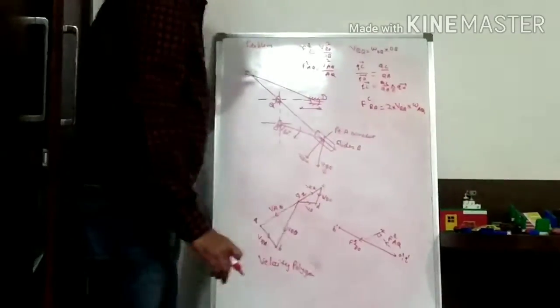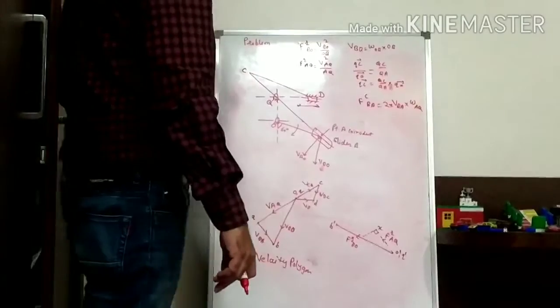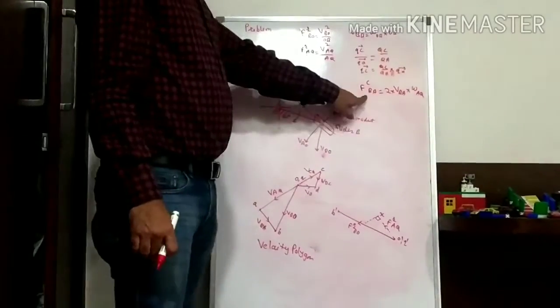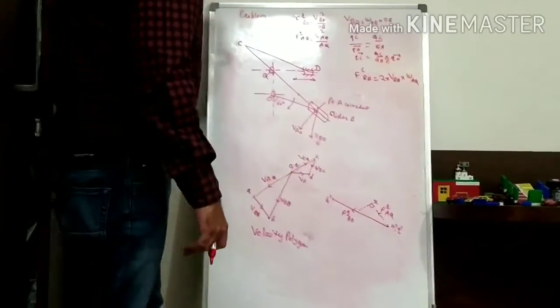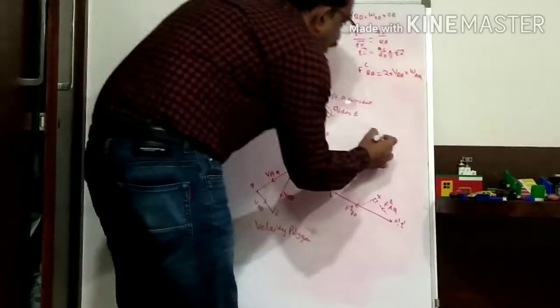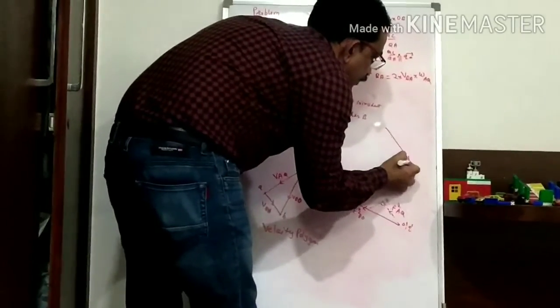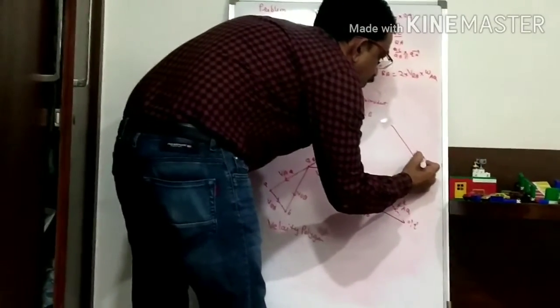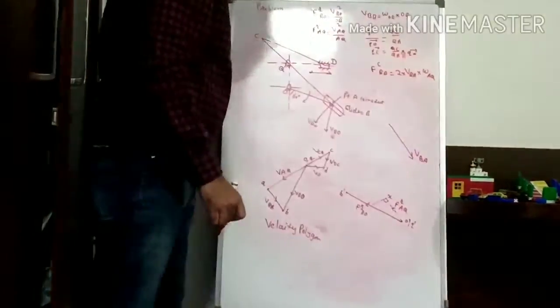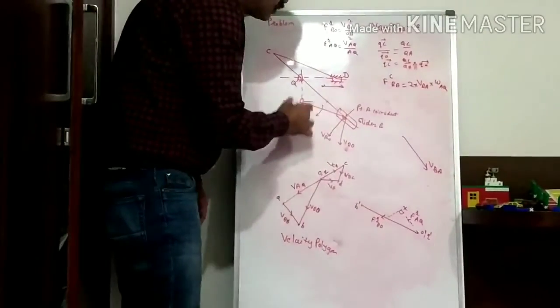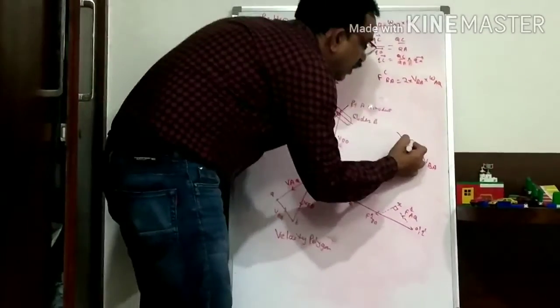Okay. Now here we have to decide the direction of this Coriolis component of acceleration. Now from this figure, this is the direction of the velocity of B with respect to A. Then here the direction of rotation of the link is clockwise.